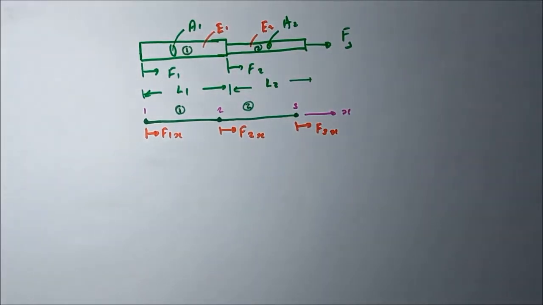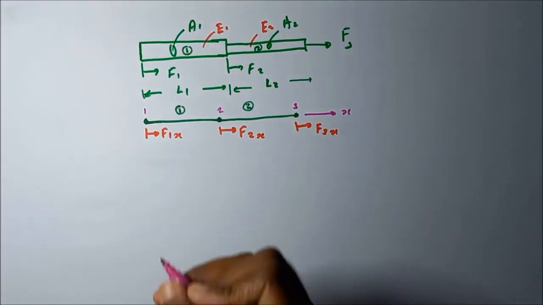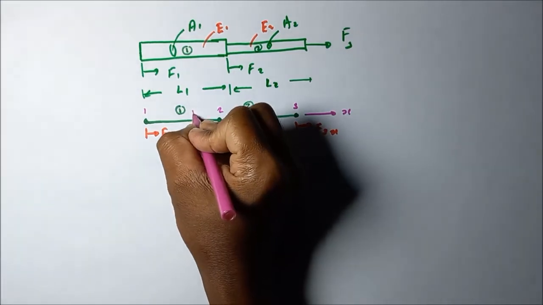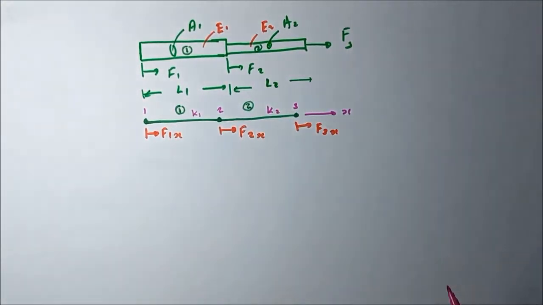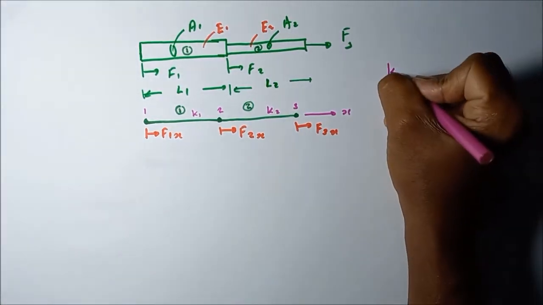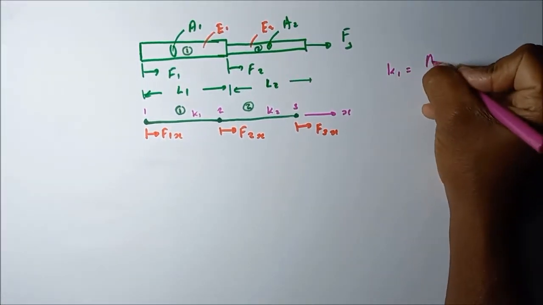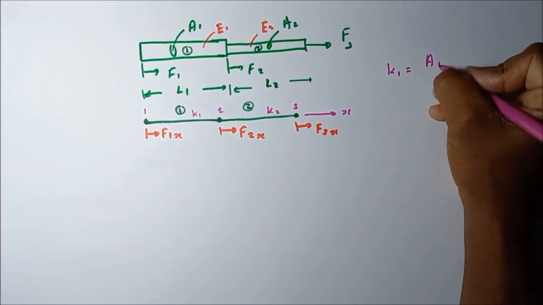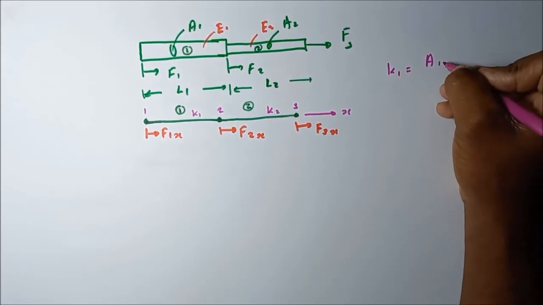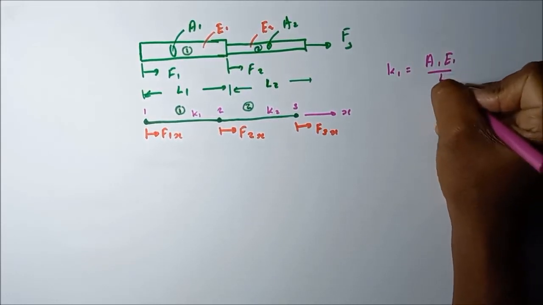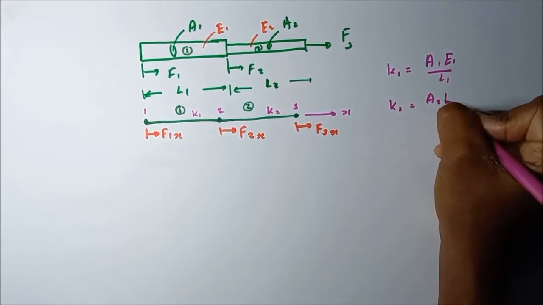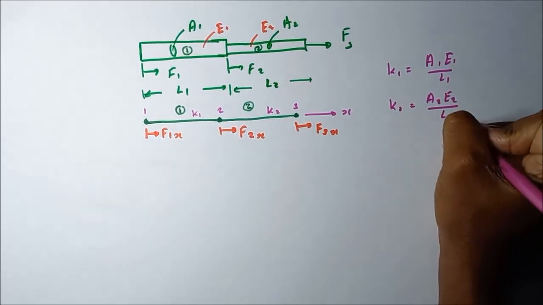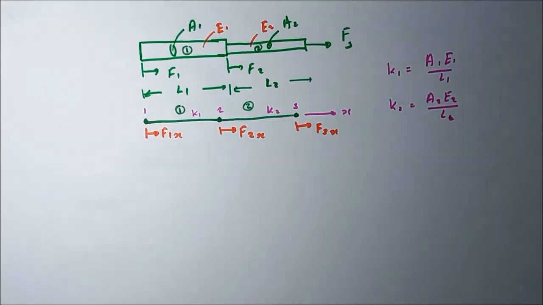Another thing we have to represent is the stiffness of the first element and also the stiffness of the second element. Here K1 is equal to A1 E1 divided by L1, and K2 is equal to A2 E2 divided by L2.